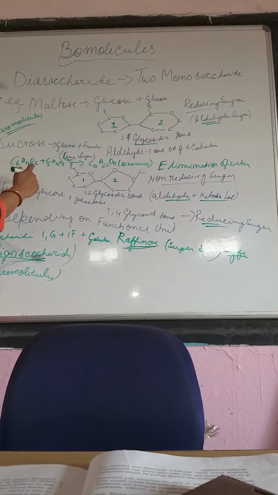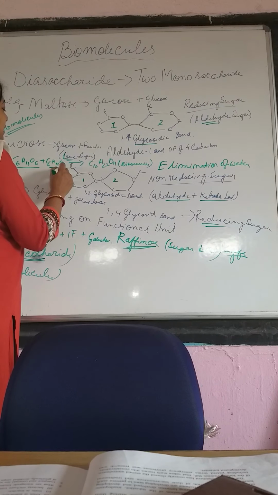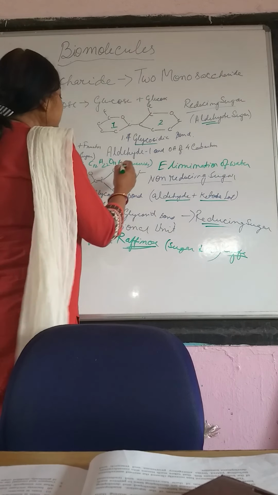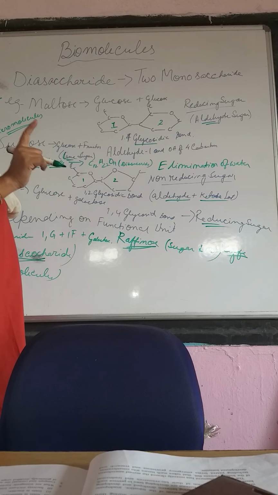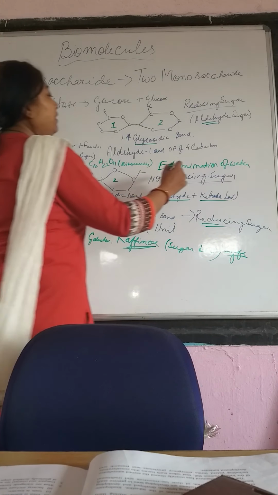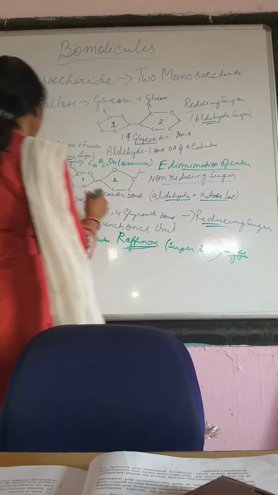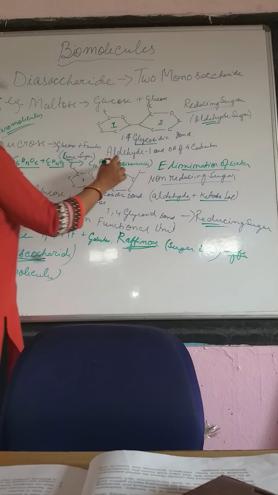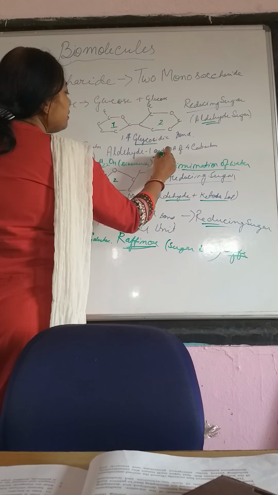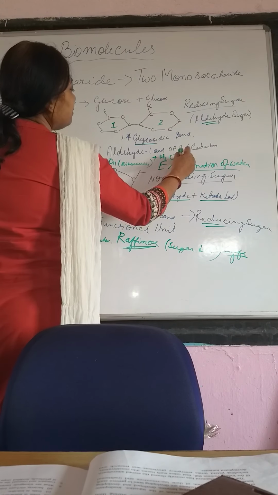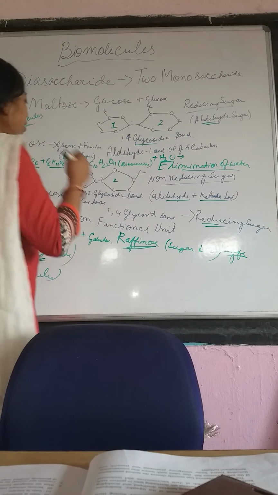One thing to note: the formula of glucose is C6H12O6 and the formula of fructose is C6H12O6. Whenever a single glycosidic bond is formed, there is always elimination of water. So when this disaccharide is formed, H2O is eliminated during the bond formation.